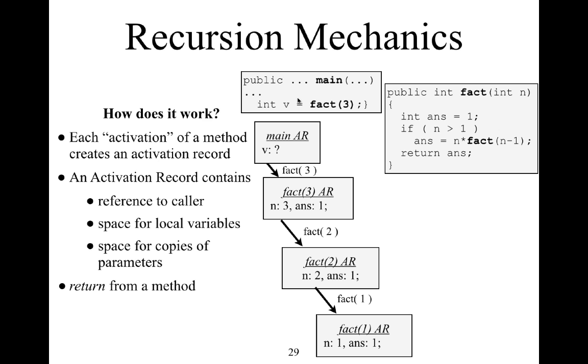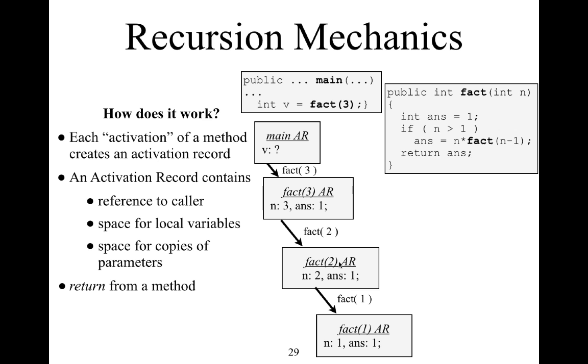When we make this call, of course, v has no value yet, or it's initialized to some old value. The fact of 3 activation record has the parameter 3, and its local variable, at least initially, has the answer 1.